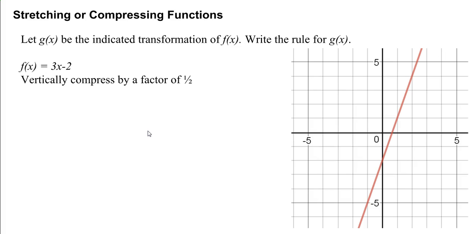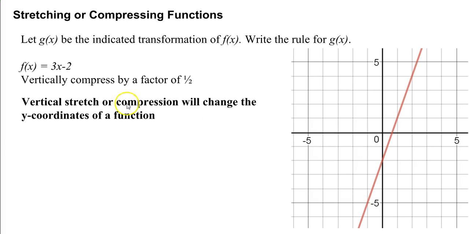So again, vertical stretch or compression will change the y-coordinates of a function. Y-coordinates. What happens when we change the y-coordinates? We multiply by the whole equation. So a vertical compression, what's going to happen to the slope? Vertically compressing, so we're pushing down, we're pushing towards the x-axis, and it's going to cause this to become flatter.